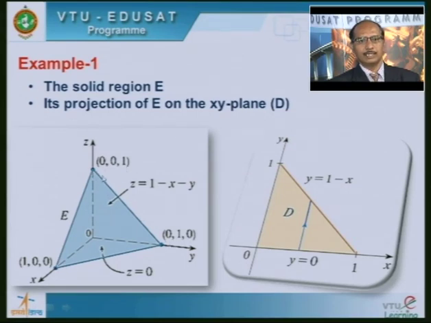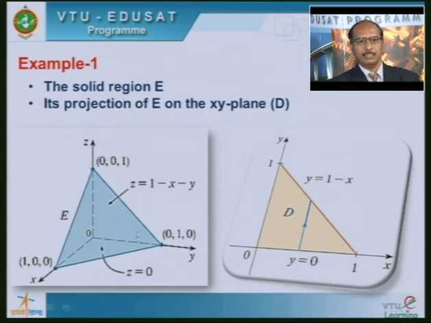This is the intercept form of the plane, and the solid region is bounded by 3 coordinate planes. z equal to 0, you can see this plane is the xy plane, and this side is the xz plane, that is y equal to 0, and this plane is x equal to 0, that is the yz plane.